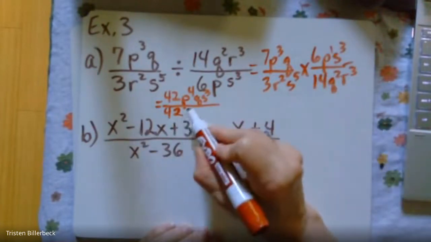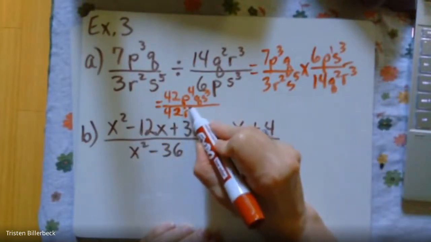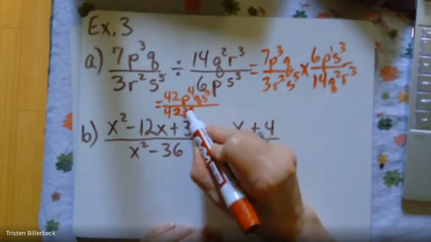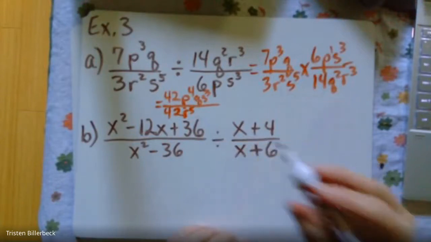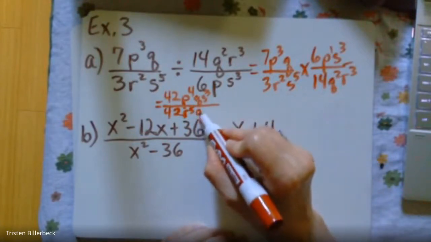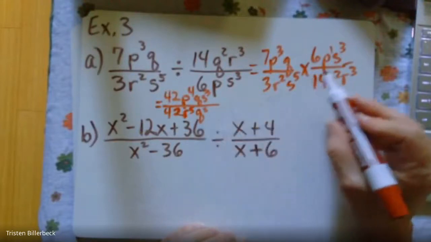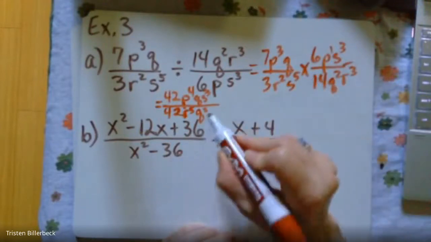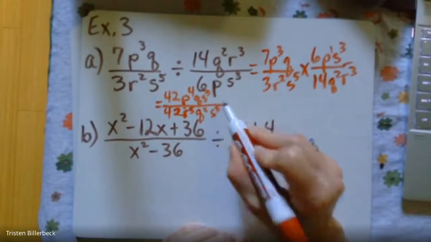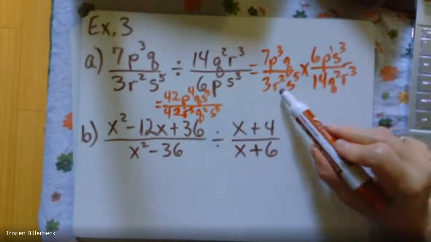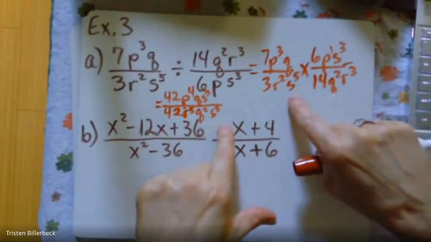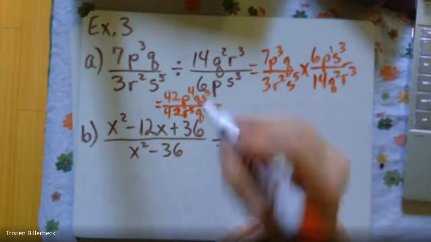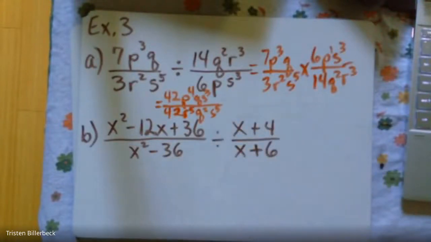So I have r to the 5th, and then I have q squared, and I have an s to the 5th. So I took care of my r's, r to the 5th. I have q squared right here, and I have s to the 5th there. So I think it's pretty obvious that we just lost the 42s.